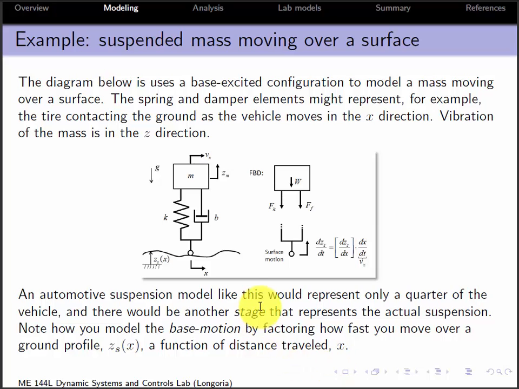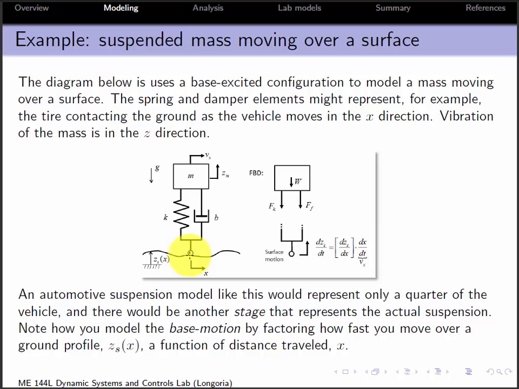Finally, here's another use of the base-excited system to model, as I mentioned before, a suspension for a vehicle, or actually it could be any kind of, even a profilometer. You might have something moving along the ground and you're maybe measuring position. And so you've got, again, a stiffness and damper element in parallel.